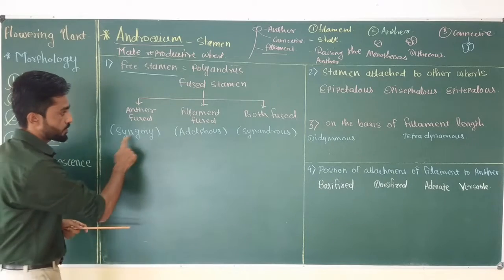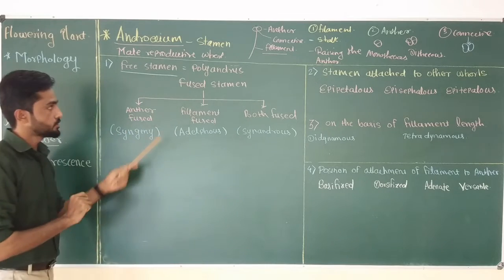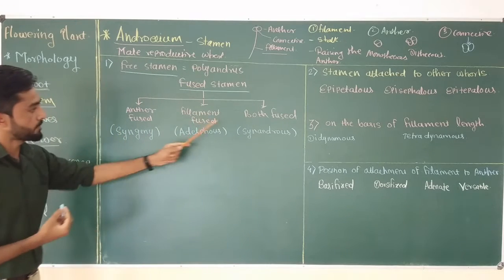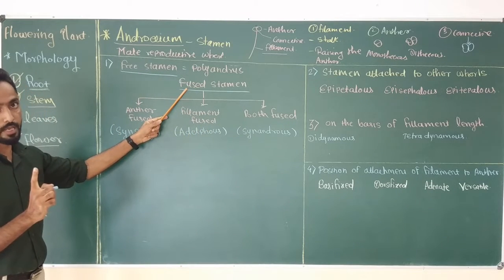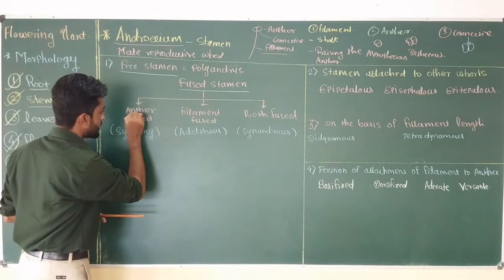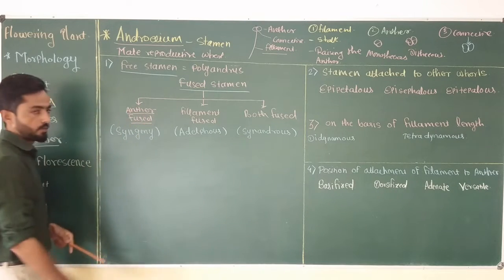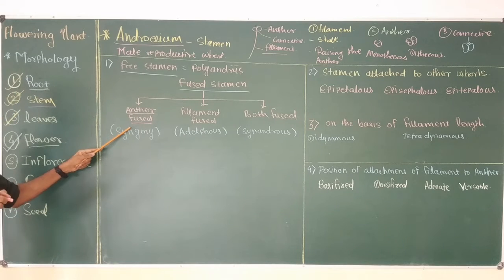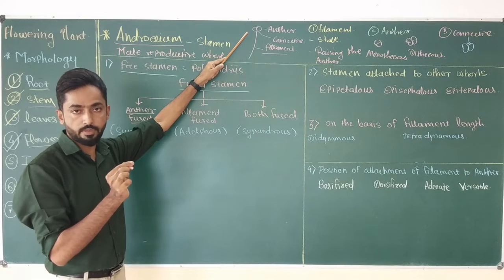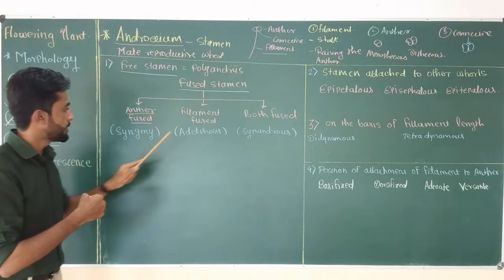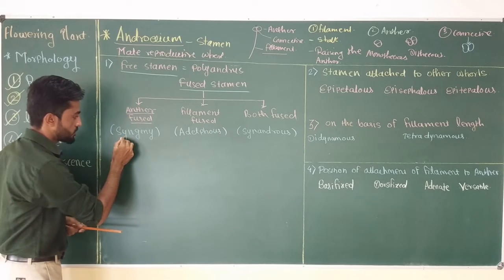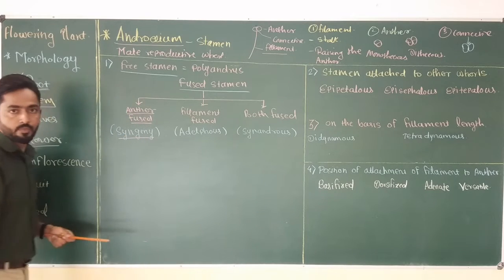So there are three important types of flower on the basis of fusion of the stamens. If in a flower only the anthers are fused, and the filaments are free from one another, in that case such a condition is called syngenesious.